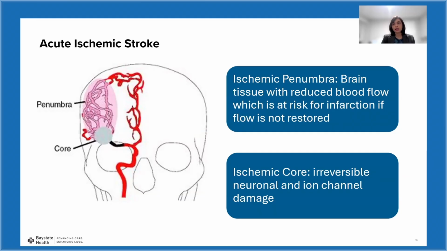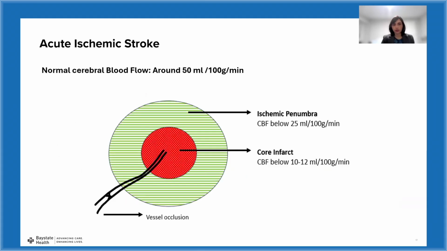As against that, a penumbra is the region with reduced blood flow and which is at risk of infarction if blood flow is not restored. So, whenever we are dealing with a stroke, our goal is to save this penumbra, to save this salvageable tissue from completely stroking out. Again, this is another pictorial which tells us the same thing.